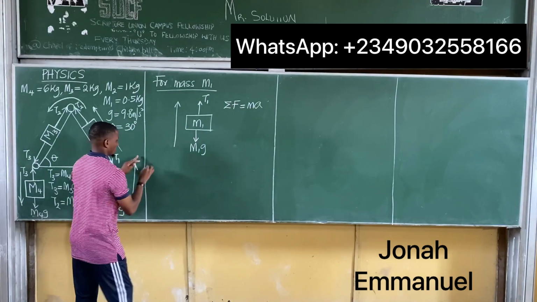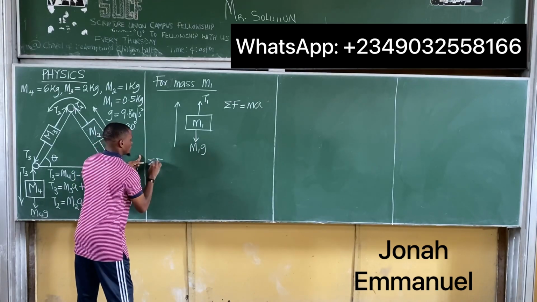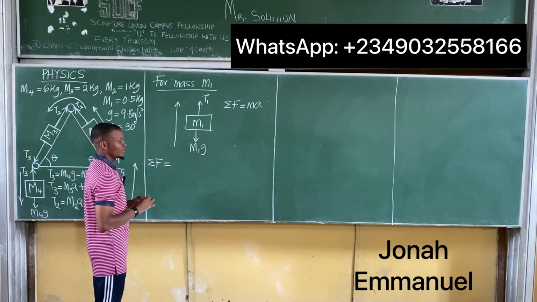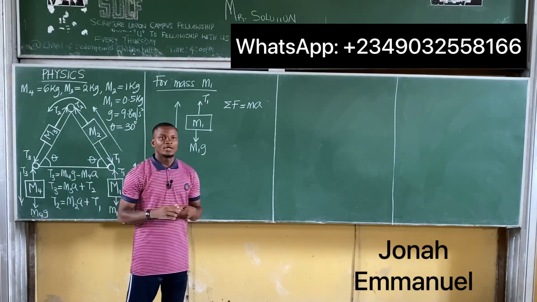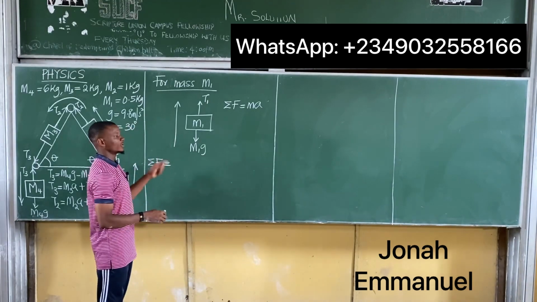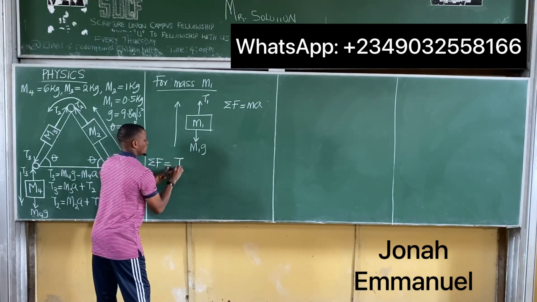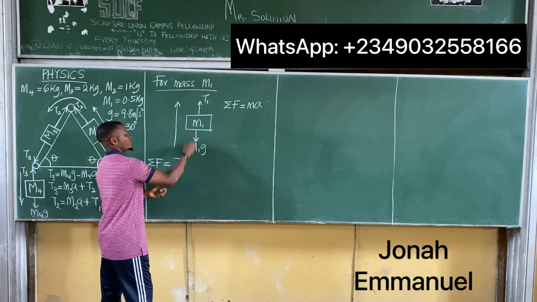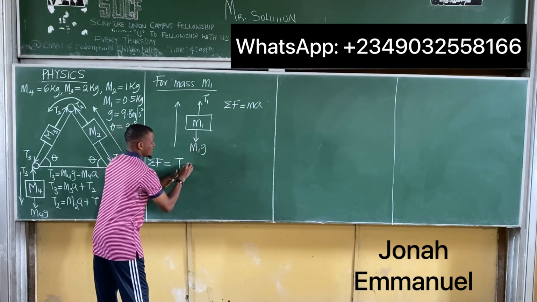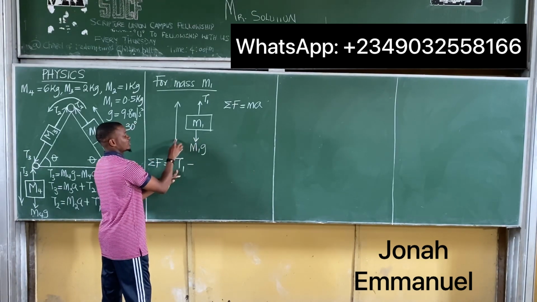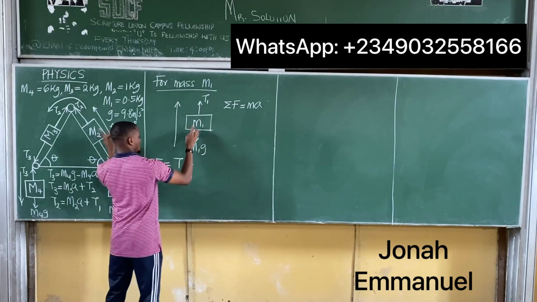Our next task, summation of forces is equal to mass times acceleration. Let's get the sum of forces. We said if the tension is going in the direction of the motion, it is positive. So hence T1 will be positive. M1G is coming downwards, which should be negative, because it is in the opposite direction of the motion of this system.